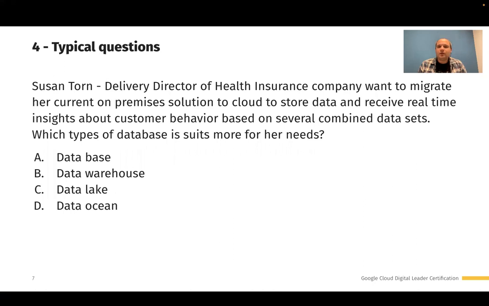Susan Thorne, delivery director of a health insurance company, wants to migrate her current on-premise solution to the cloud to store data and receive real-time insight about customer behavior based on several combined data sets. Which type of database suits her needs more? And several options: database, data warehouse, data lake, and data ocean.